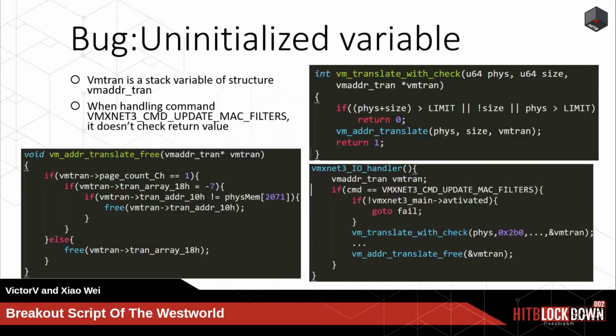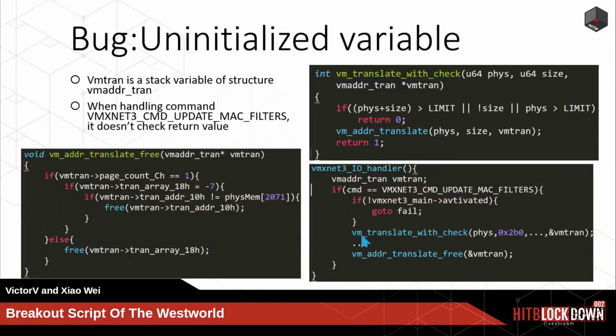The bug exists in the WMX3 module. Let's see this translate function. If the sum of page offset and size is bigger than the limit, it will return 0 without resetting the data of this variable.